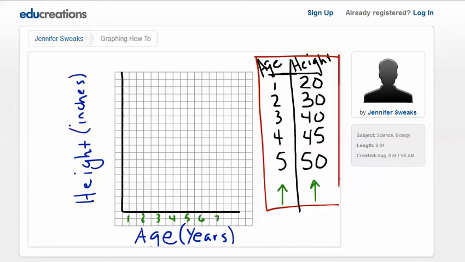Even though it's not in the data, we can still continue our graph. And then we do the same thing with height. I see here that we've got increments of 10, and then there's a 5 thrown in there somewhere. So I'm going to start with 10 here, and just go up and skip a line to represent a 5.